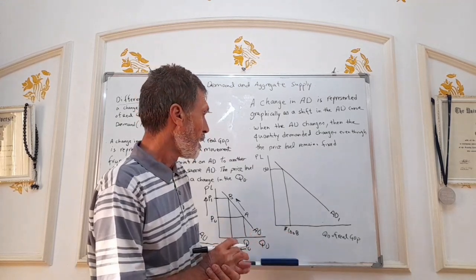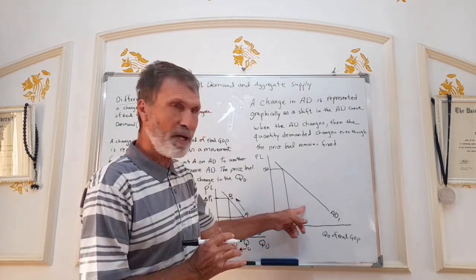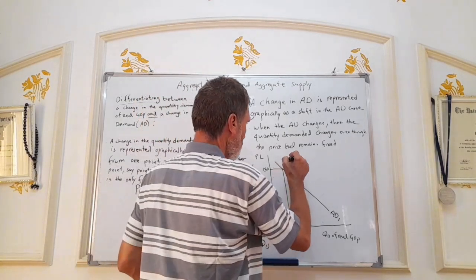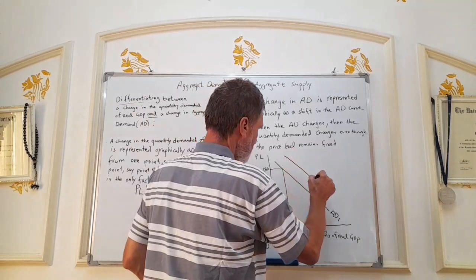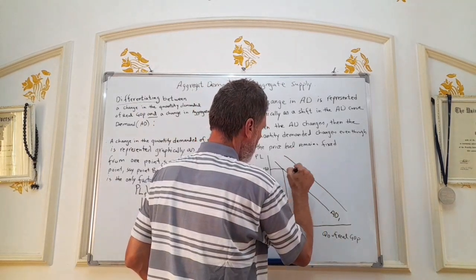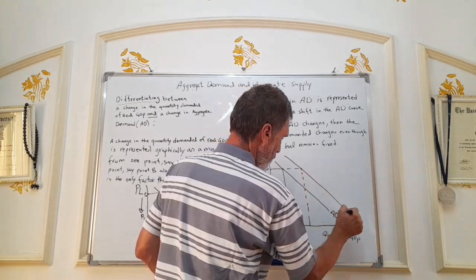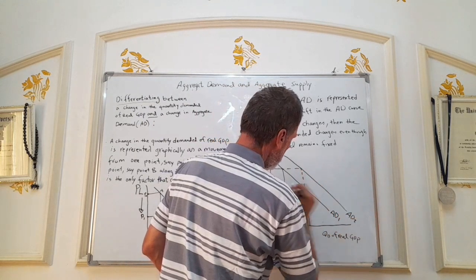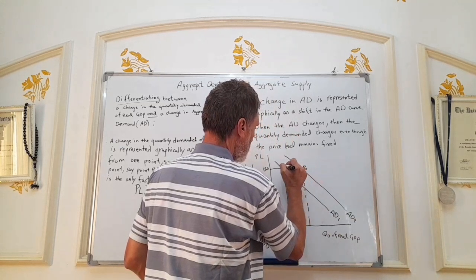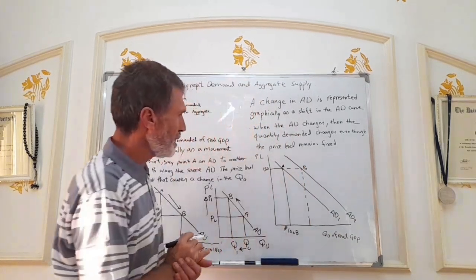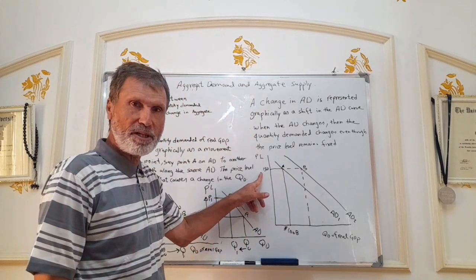Now, at the same price level, when the aggregate demand shifts, from AD1 to AD2, from A to B, as you can see, the price level remains the same, 130.